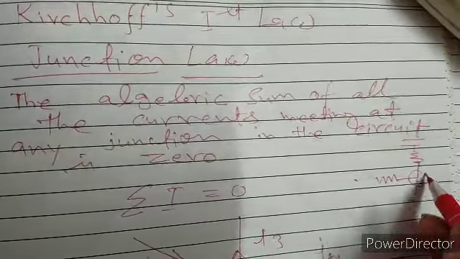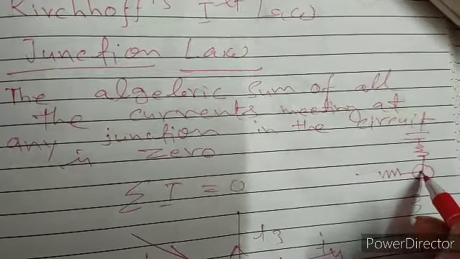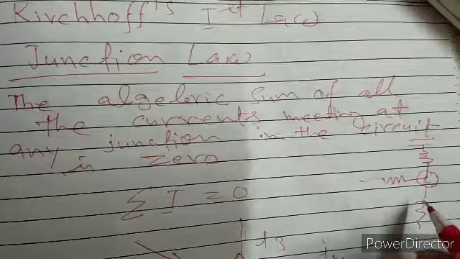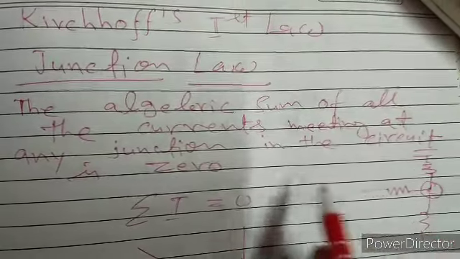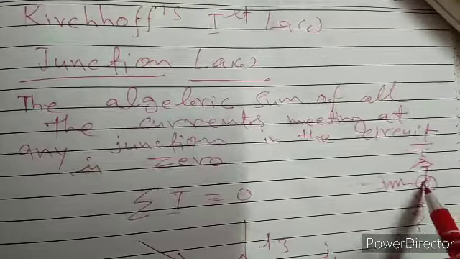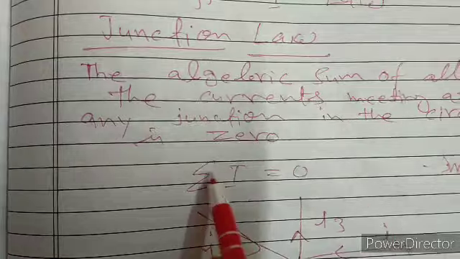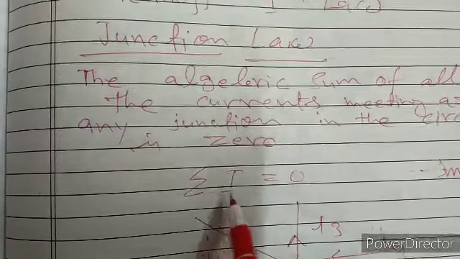Then this point is called junction, node or vertex. Then the algebraic sum of all the currents meeting at this junction is zero. That is sigma I is zero, the summation of current is equal to zero.